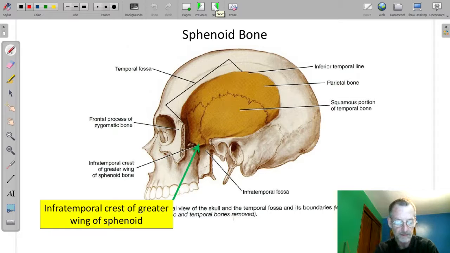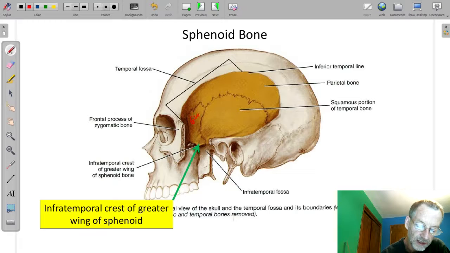Just review again. Infratemporal crest, part of the greater wing of the sphenoid bone. So this is the greater wing of sphenoid. And it's just sort of shown like that along that suture.